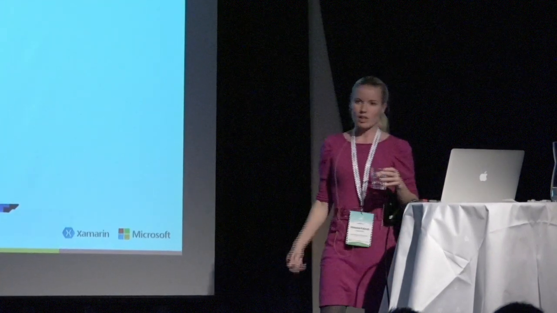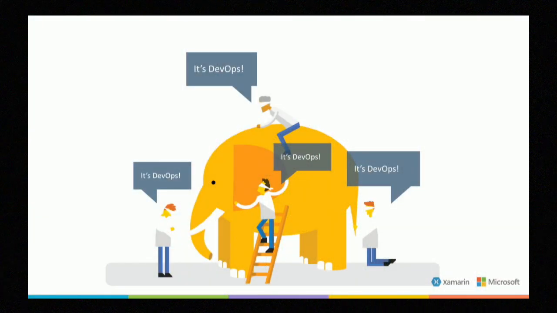Now, DevOps is the big elephant in the room. It's that thing that everyone is talking about. Everyone can see it and touch it and feel it, but we're not really sure what it is. Everyone wants it. All the developers are talking about it. But no one is really able to define what DevOps is.